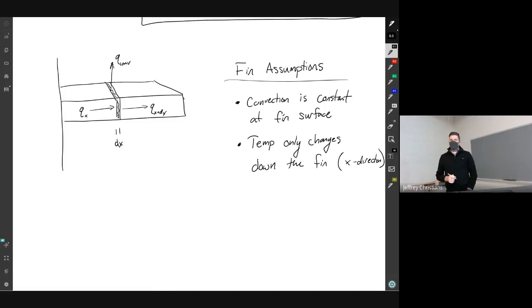So what we're saying is that if we took a slice, the entire cross section is the same temperature.